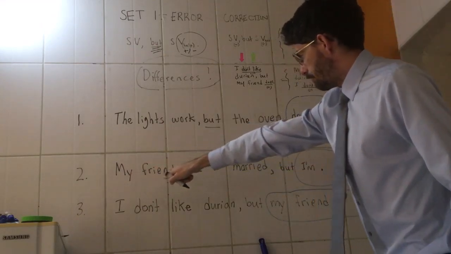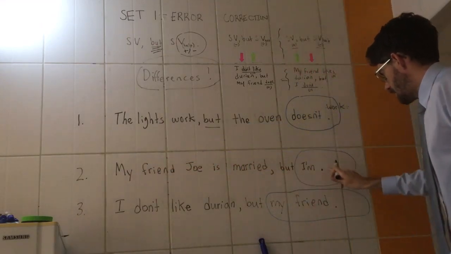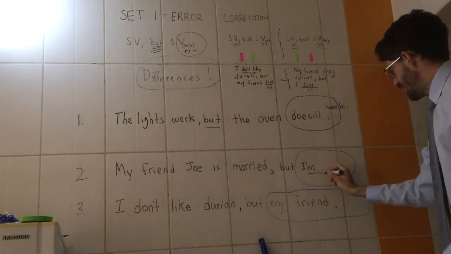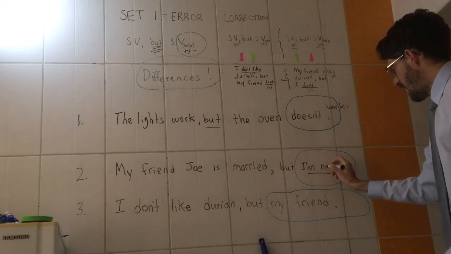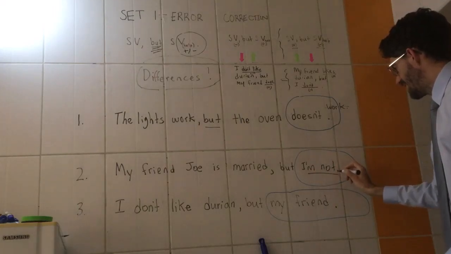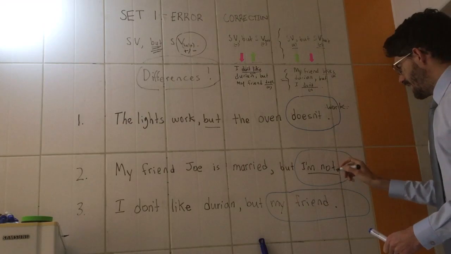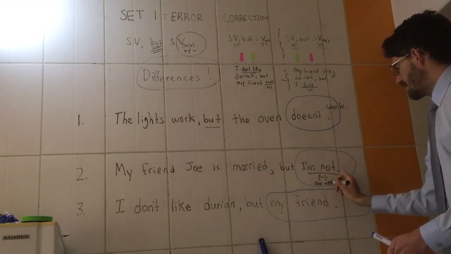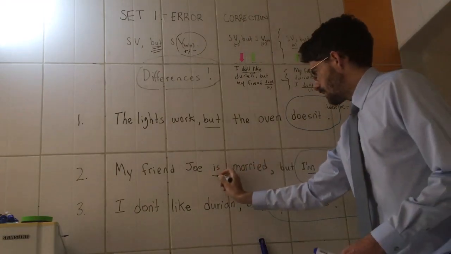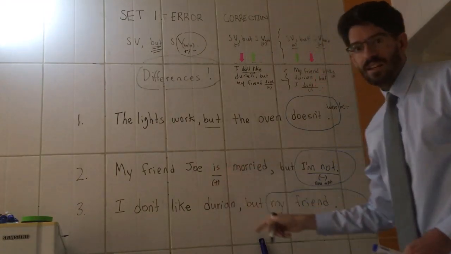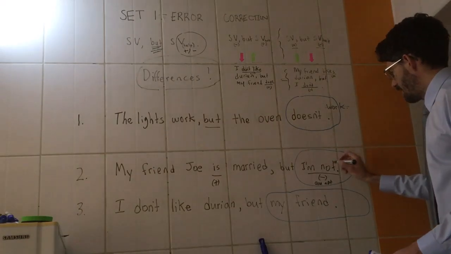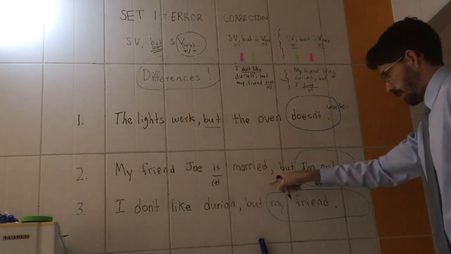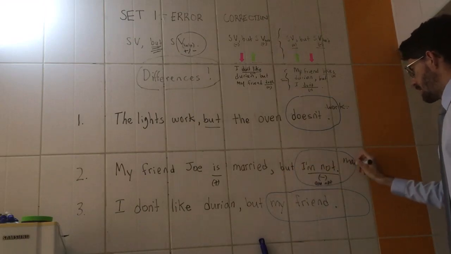Number 2, my friend Joe is married, but it's the helper, I am not, okay, period. And so we need the negative, am not, because here we have the positive verb be, okay? And again, you could write, my friend Joe is married, but I'm not married.